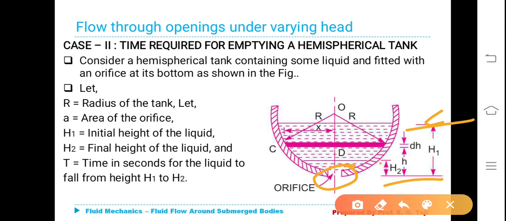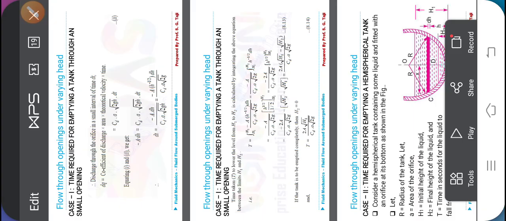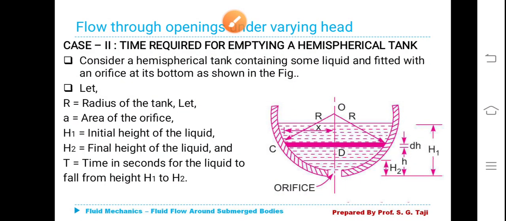Where is H2? Here. H1 to H2. What is the time required? We should calculate it, is it not?